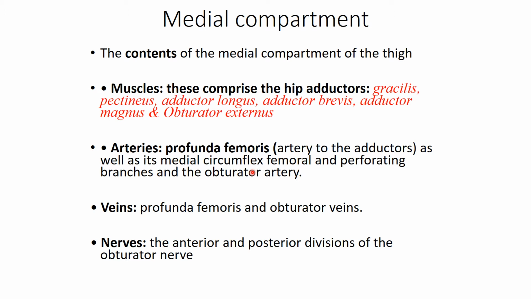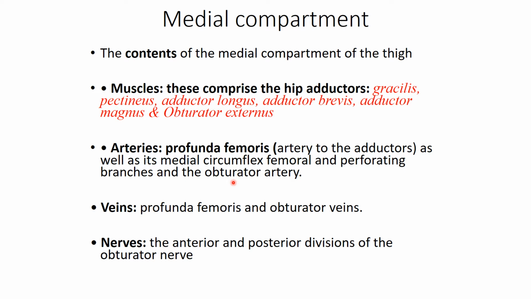Arterial supply of this compartment is mainly the profunda femoris artery. Proximally it gets supply from the obturator artery, initially only.